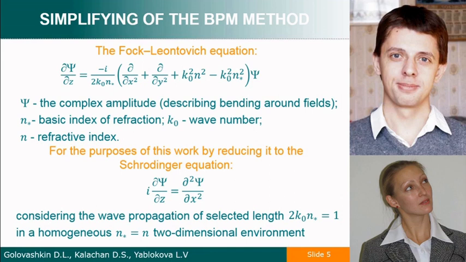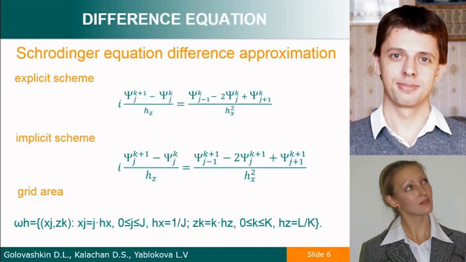For the purpose of this work, by reducing to the Schrödinger equation, we consider wave propagation of a selected length in a homogeneous two-dimensional environment. Choosing from a variety of different schemes presented for the Schrödinger equation, we restrict ourselves to considering the simplest explicit two-layer schemes and implicit two-layer schemes, where the function is defined on the grid area.